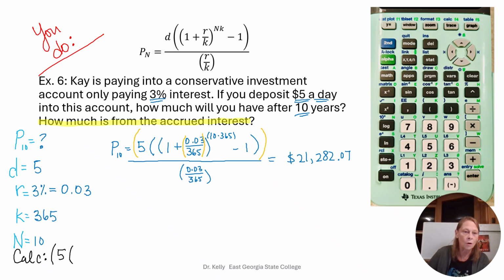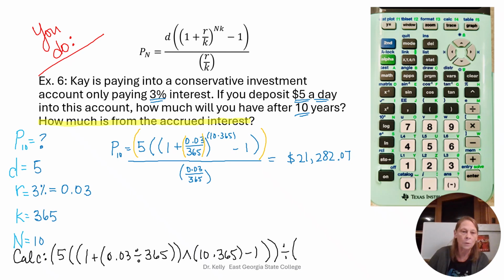Open 5, open 1 plus open 0.03 divided by 365, close, to the power of open 10 times 365, minus 1, close, divided by open 0.03 divided by 365, close, enter. And let's see, our solution so far is how much will you have after 10 years?